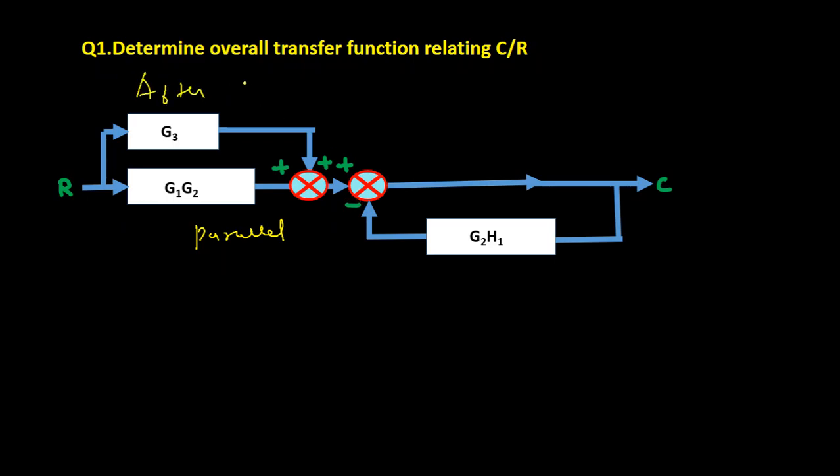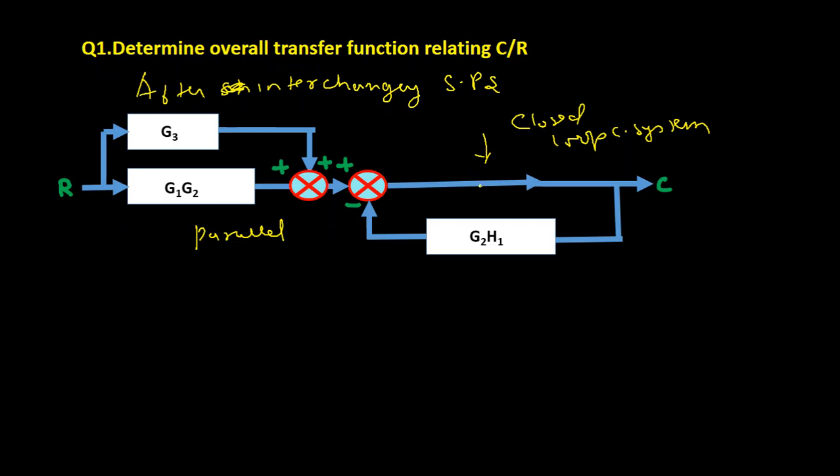After interchanging summing points, we are getting this type of block diagram. Then we can see that this G3 and G1, G2 are in parallel and this is the closed loop control system.